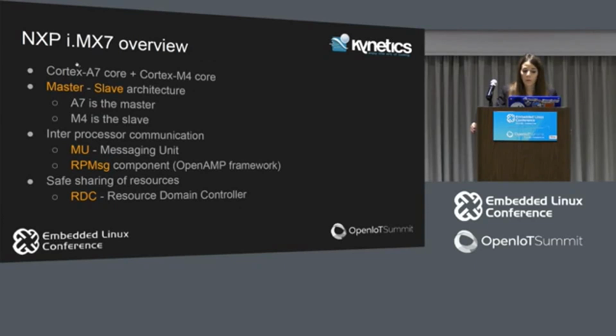So we need an interprocessor communication protocol to ensure that the two cores can communicate with each other. The hardware module on the IMX7 board that enables this kind of communication is the messaging unit, while the software component that enables communication is the rpmsg component, which uses the OpenAMP framework.